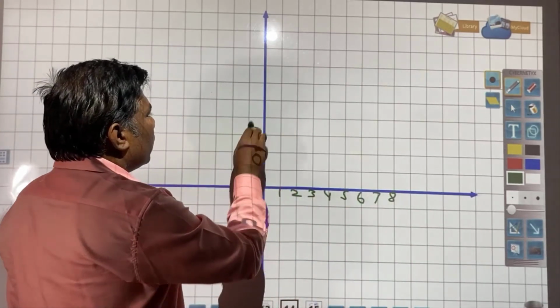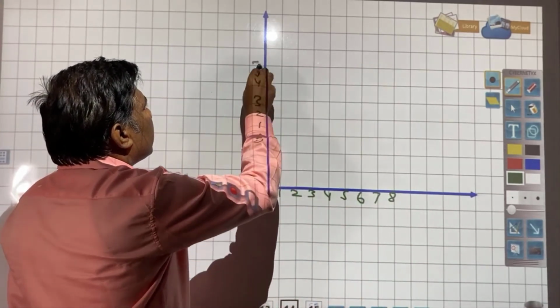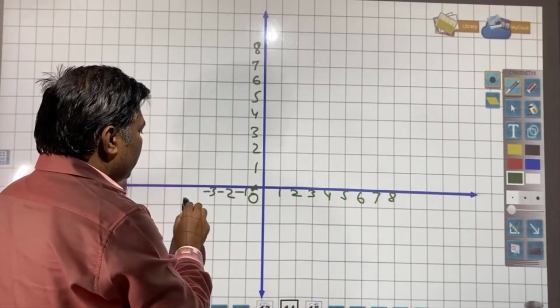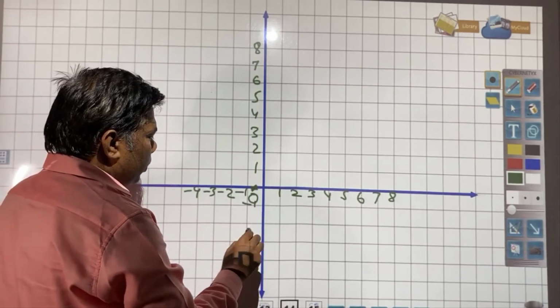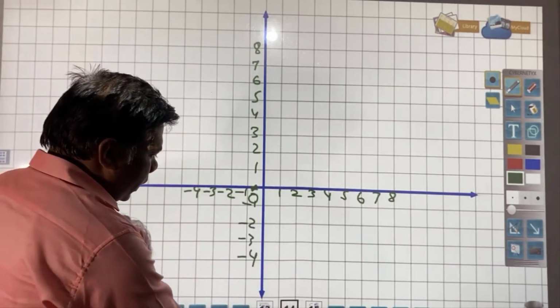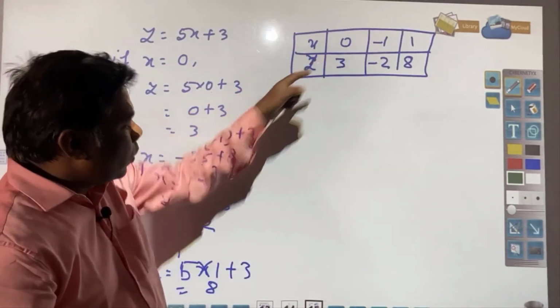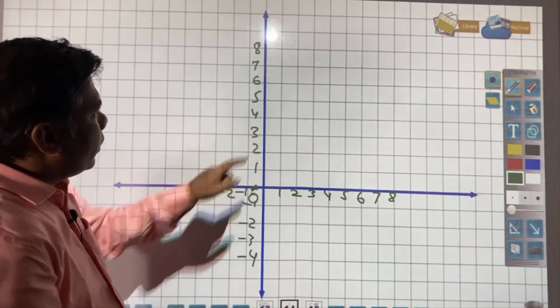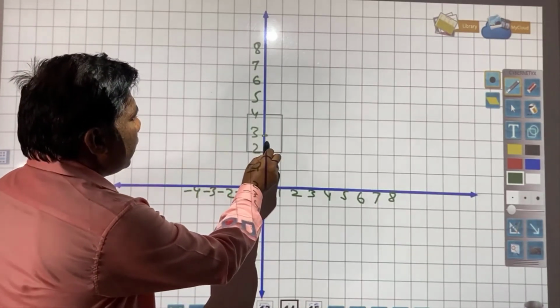Minus 1, minus 2, minus 3, minus 4. Your first coordinate you have 0 and 3. Here you see, you have 0 and 3. This point you will be having.